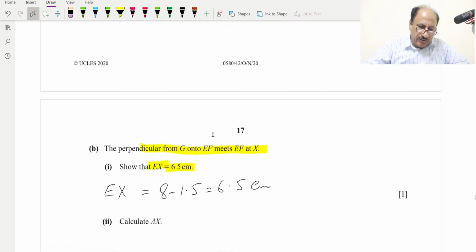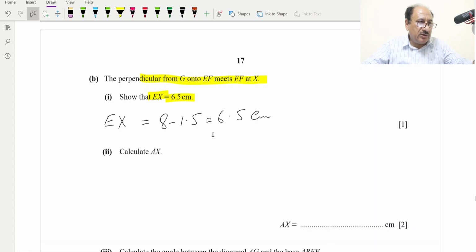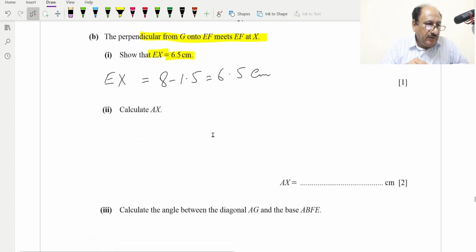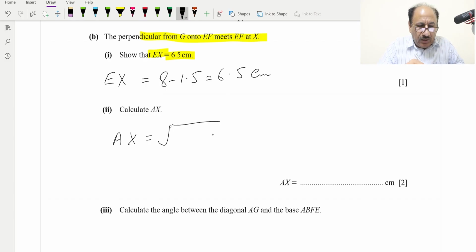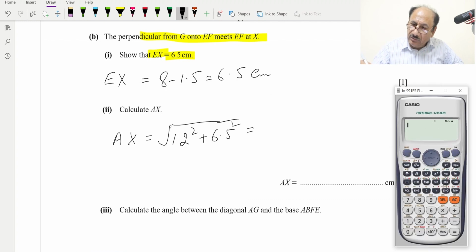So AX is equal to the square root of 12 squared plus 6.5 squared, and we will be calculating this one, and this is equal to 13.64.